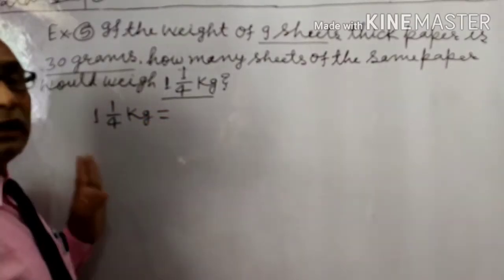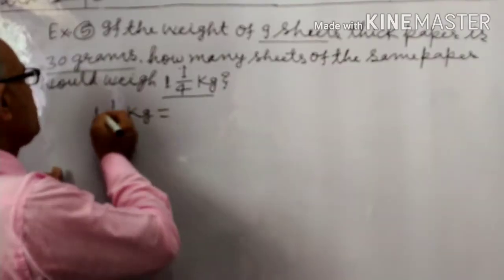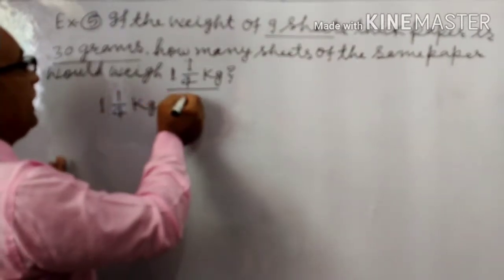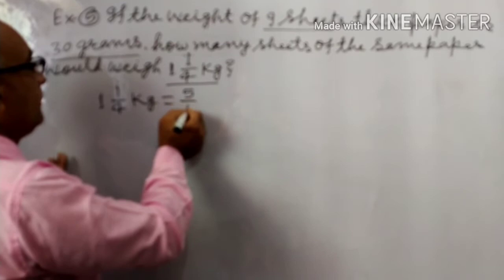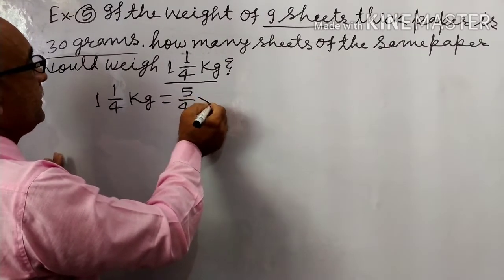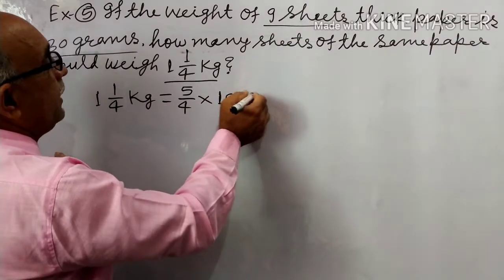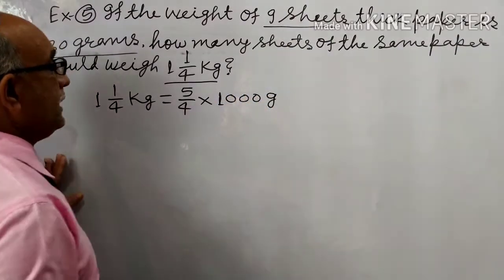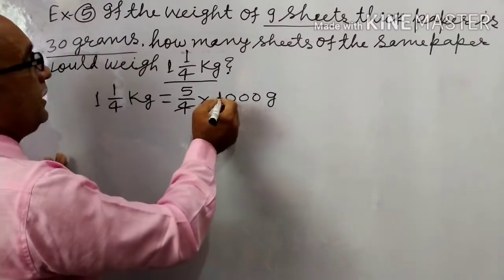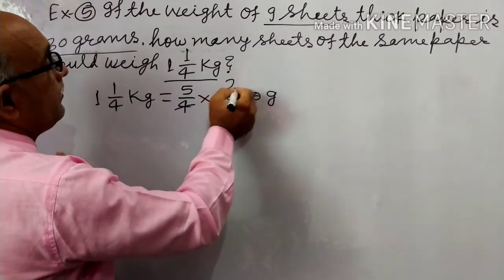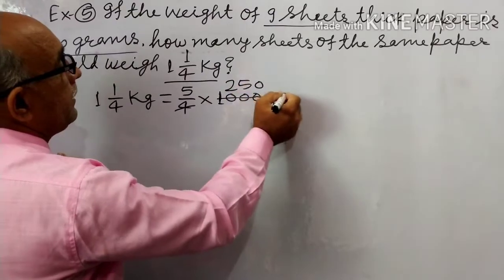Change it into gram. So 1 whole 1 by 4 is 4 plus 1, 5 by 4. Change into gram. So kg multiply by 1000. Change into grams. Multiply. Sorry. 1000 divided by 4 is 250.